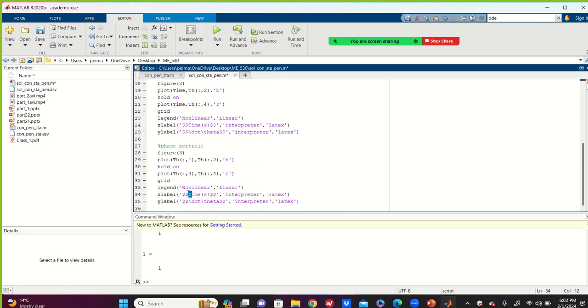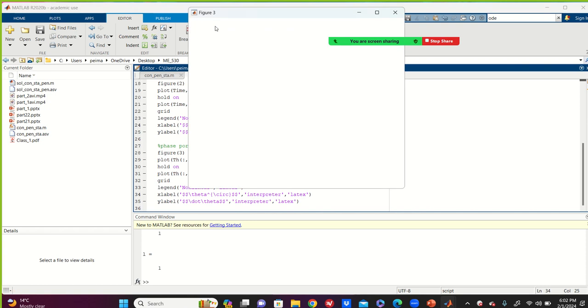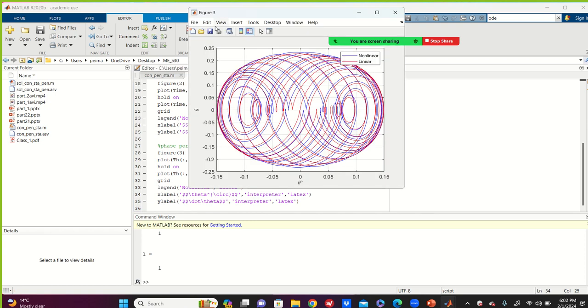Okay, let me plot it for you. Oh, yes, that is so sexy, guys. See, the phase portrait is angle versus theta dot, the position of the moving pendulum versus angular velocity.